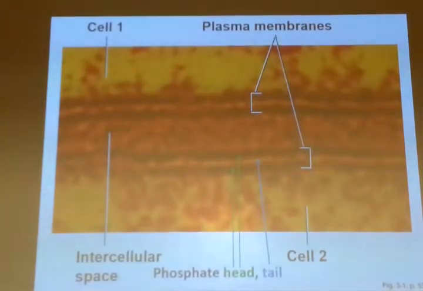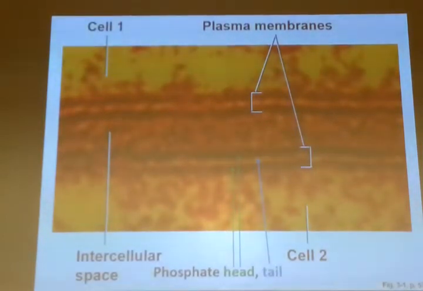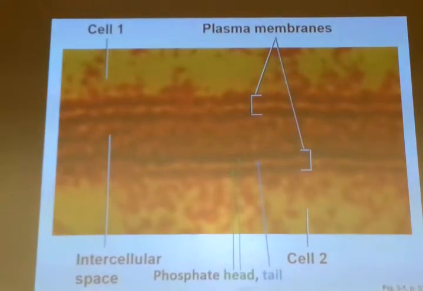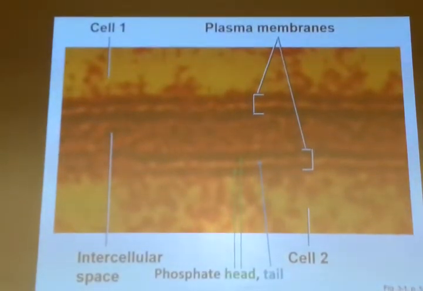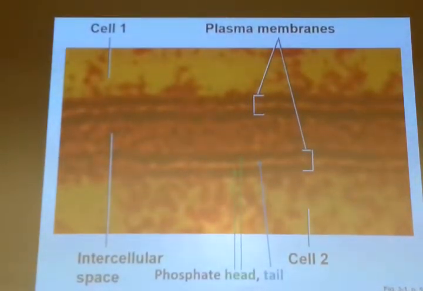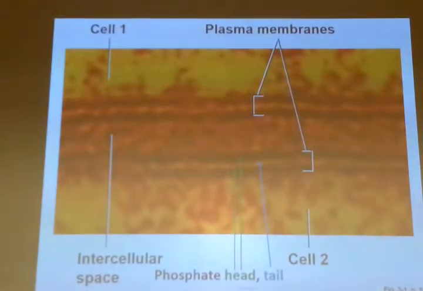And this is going to be on the ECF, extracellular side. So you got water inside your cells, you got water outside your cells. And we're going to learn about that plasma membrane and what that plasma membrane is doing.